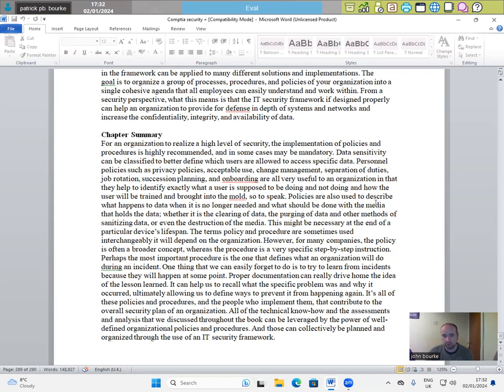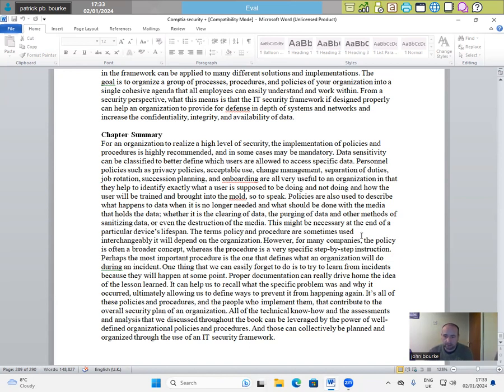Policies are also used to describe what happens to data when it is no longer needed and what should be done with the media that holds the data, whether it is the clearing of data, the purging of data, or other methods of sanitizing data, or even the destruction of media.